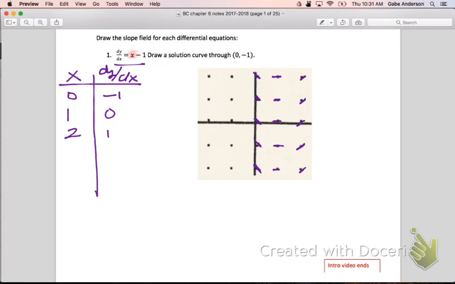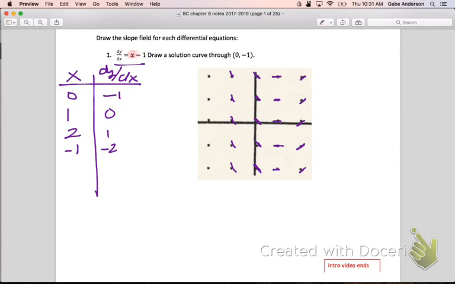If we go over to the left a little ways, maybe x is negative 1. dy dx would be negative 2. So all along this column, dy dx will be negative 2. So negative slope, but steeper. Those are a little curvier than I would like.